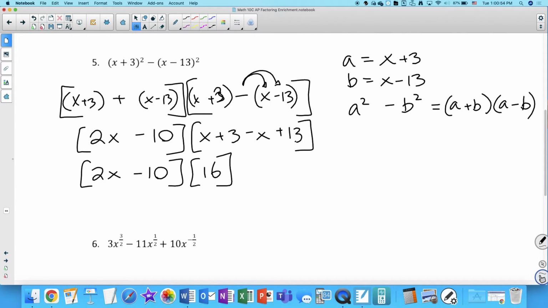Yes? Do you then have like a common factor of 2? Uh-huh, exactly. If you look at this first binomial, there's a GCF there of 2. So you can take out the 2 times x minus 5 times 16, and then you can just multiply the numbers together. So 2 times 16 is 32.